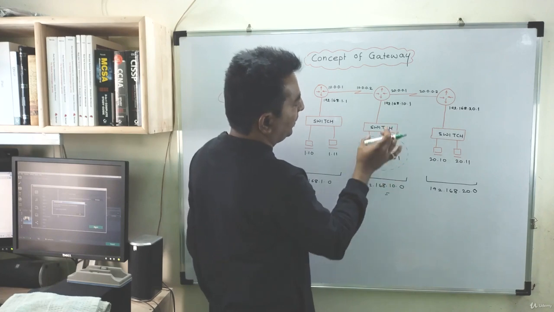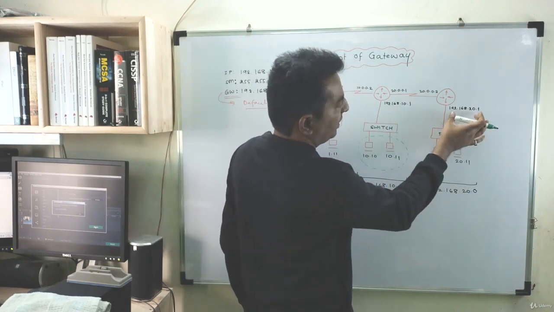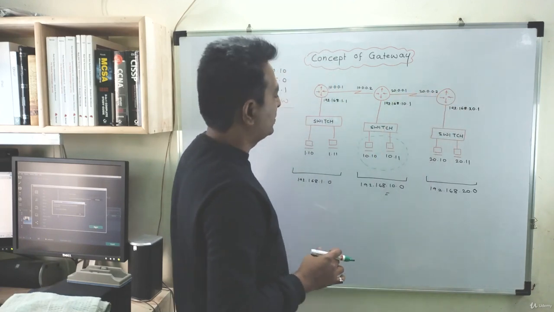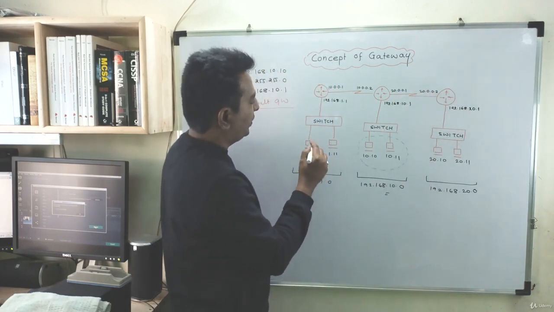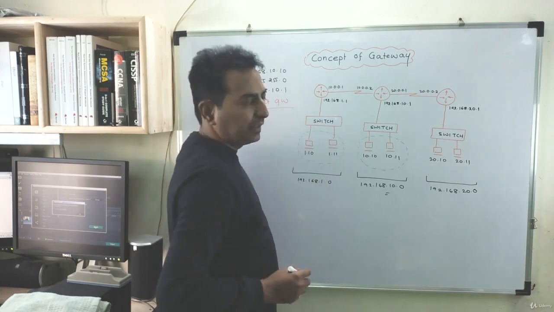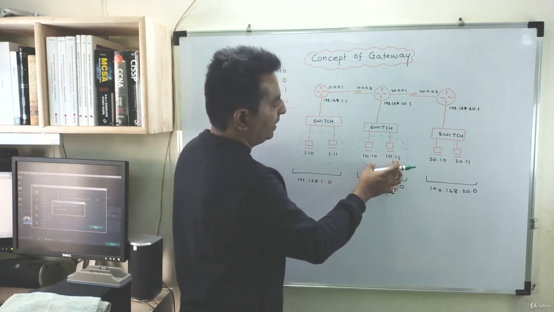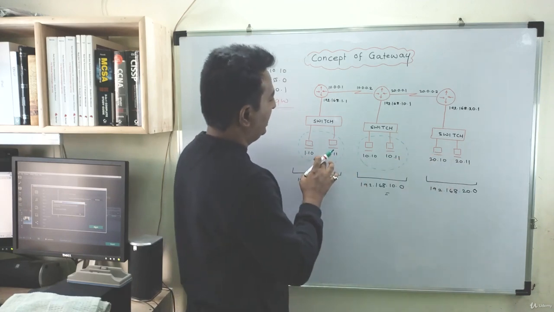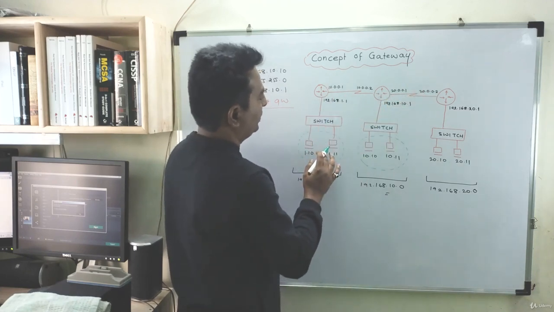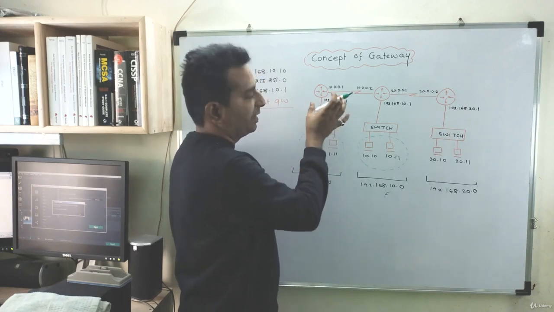For this network, this is the default gateway, but at the same time, for this other network, this is the gateway to get out of that particular network. Similarly, here is another set of computers, and if these computers want to talk to this network or that network, while sending the request out of the network, they need to send the request to the gateway of this network.